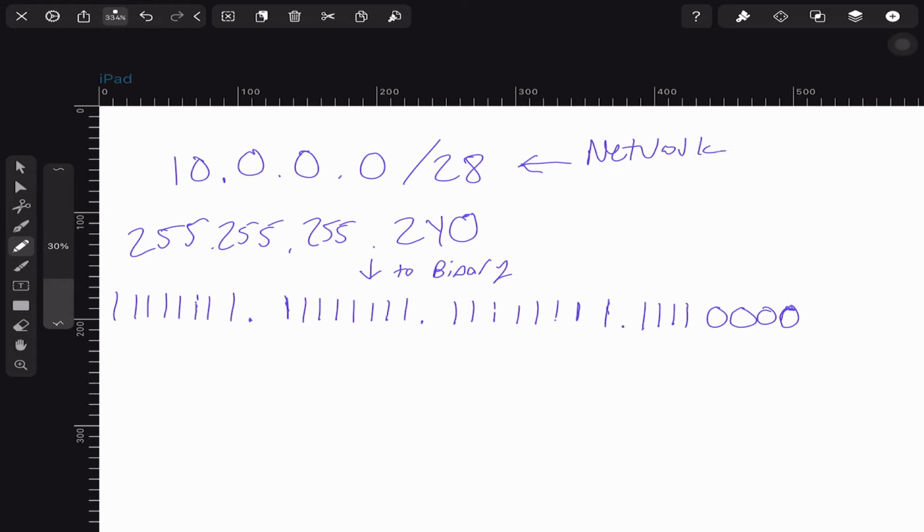We got that. We got our subnet mask here. But don't forget, we still need our gateway, range, and broadcast address.